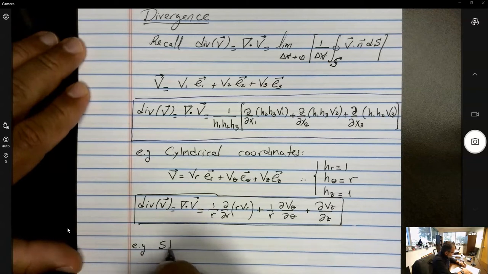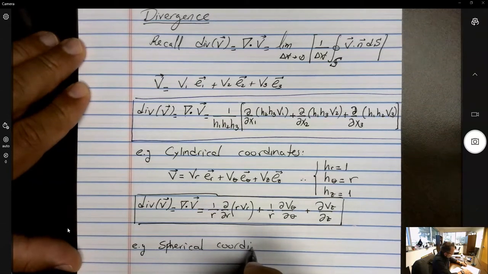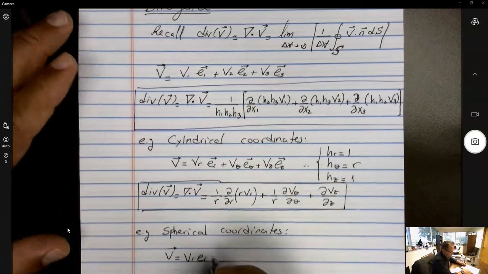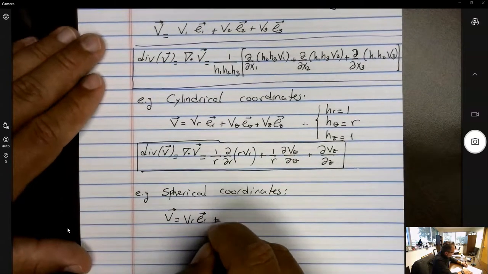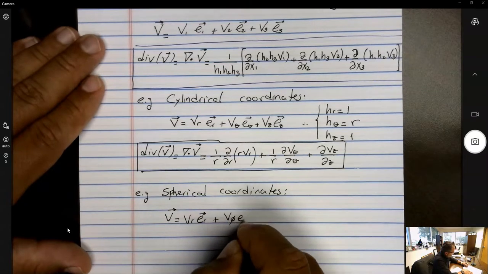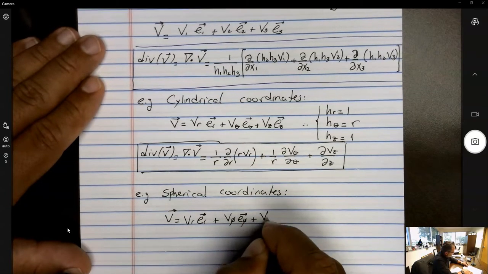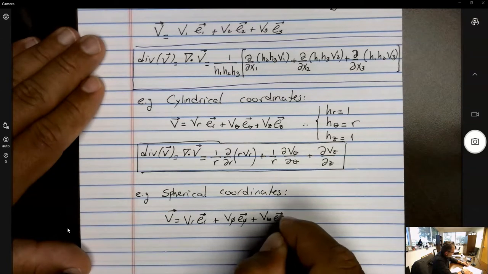In spherical coordinates, let's say that I give you V, which is VR in the R direction, so that we have a radial component of the vector field, V phi in the phi direction plus V theta in the theta direction.